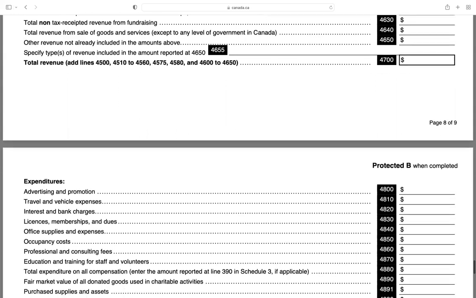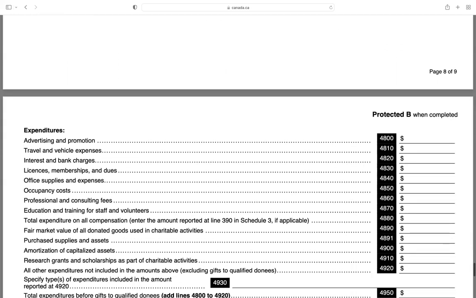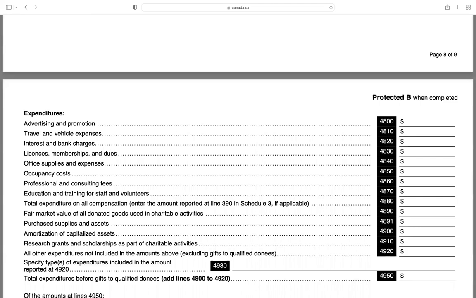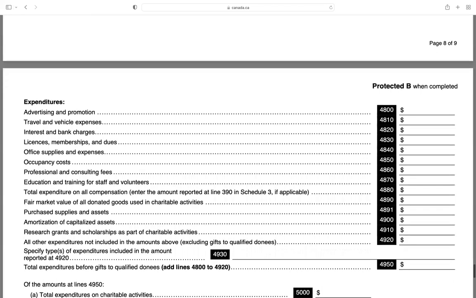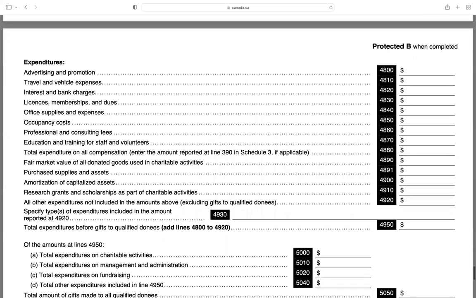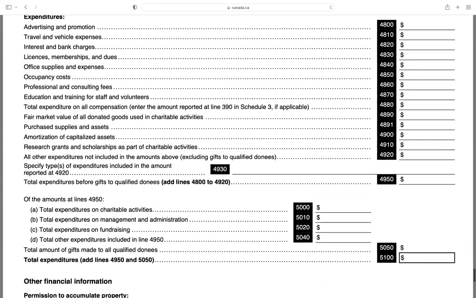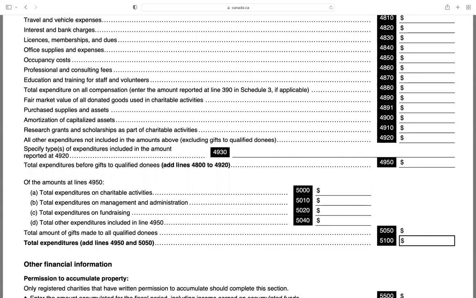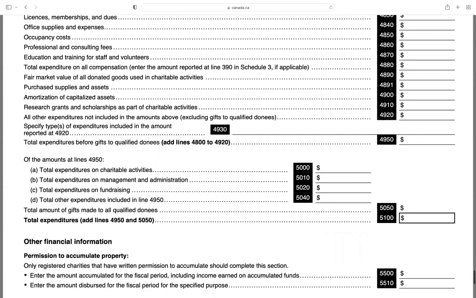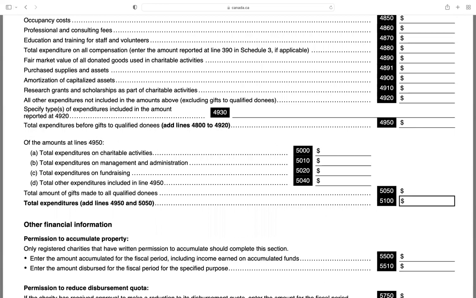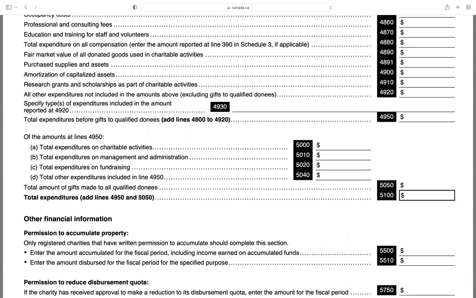And then the expenditure section, you enter advertising and promotion, travel and vehicle expenses, interest and bank charges, licenses, membership dues, office supplies, occupancy costs, professional and consulting fees. And then we add all these together to give us the total expenditure. And we add line 4950 and line 5050.